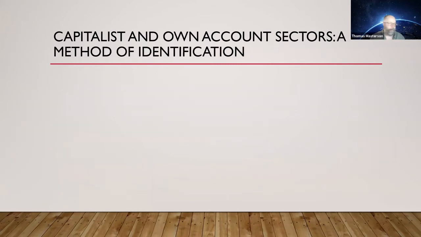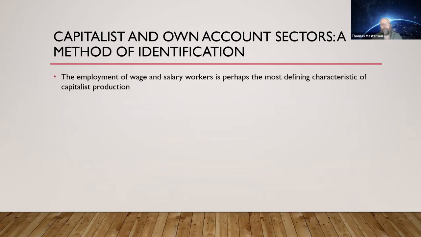So how are we going to differentiate between sectors that are capitalist or own account? The most defining characteristic is, of course, the employment of wage and salary workers. That's capitalist production. The wage relationship is one way of defining capitalism.